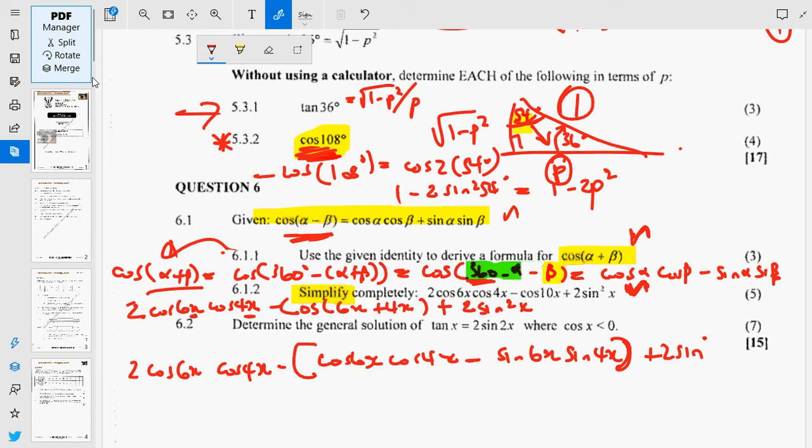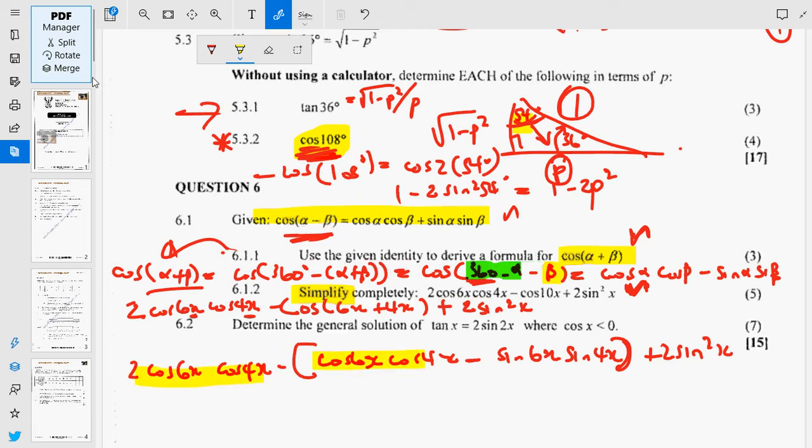Plus 2 sine squared x. Now, if you distribute the bracket here, you're going to have 2 cos 6x cos 4x minus cos 6x cos 4x. So those are like terms.